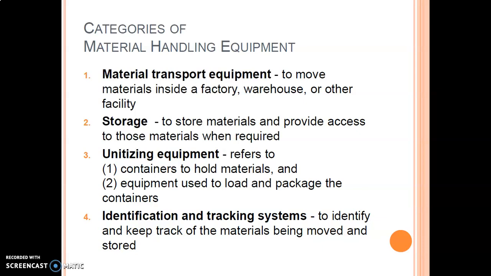Okay, so suppose you want to track your material which is moved from one point to another point, so you can also use the barcode system or tracking system, so you can easily track your material.